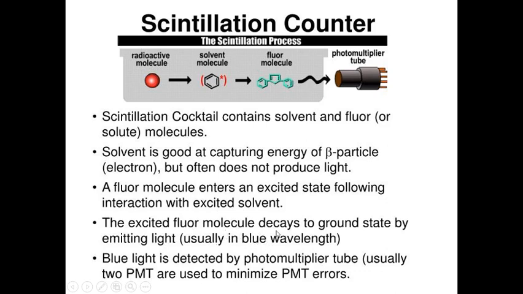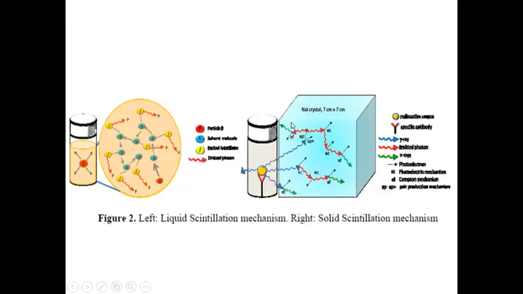Usually it is a blue wavelength, and the blue light is detected by the photomultiplier. Usually two photomultipliers are used to minimize the photomultiplier errors. In this way the liquid scintillation counting is carried out. Now you can see here this one is the liquid scintillation counter.